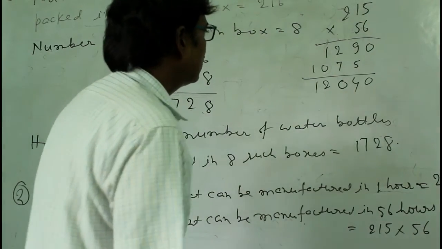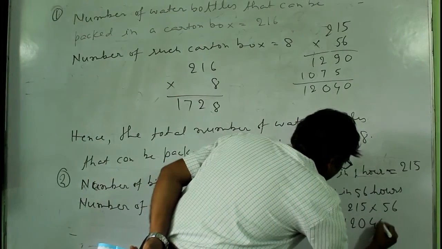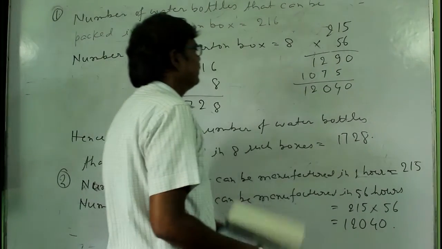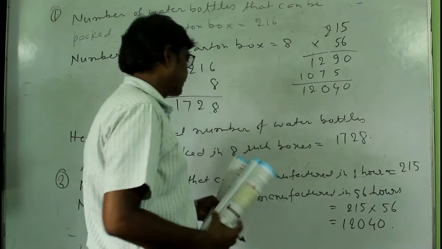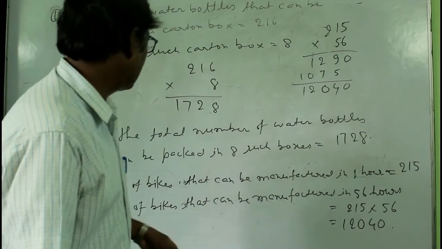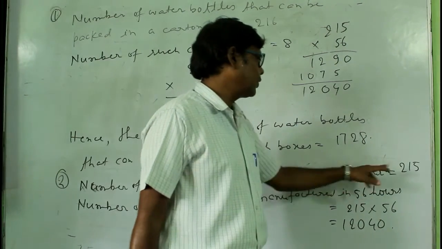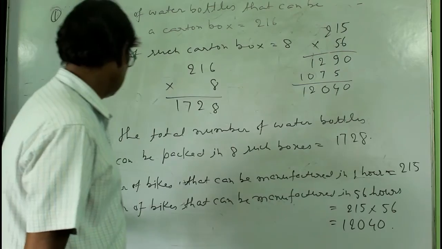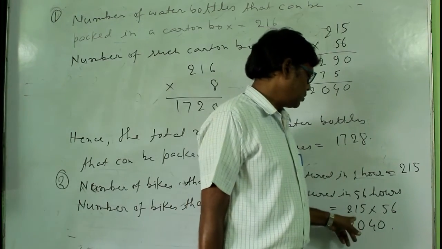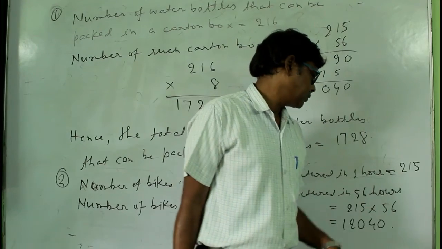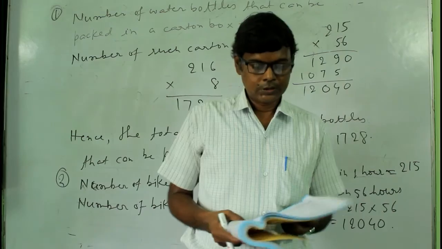So here the answer will be 12,040 bikes. Okay, this is correct. So here you will write like this: the number of bikes that can be manufactured in 1 hour equal to 215. Then the number of bikes that can be manufactured in 56 hours equal to 215 into 56. That is 12,040 bikes. So this is the answer.